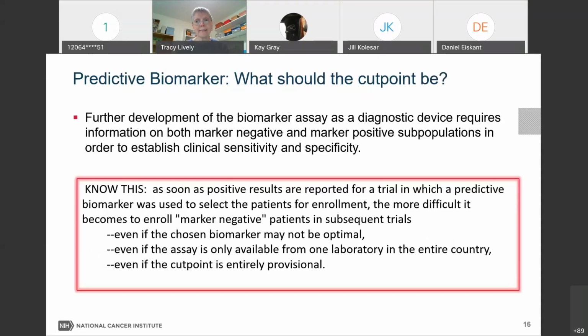But this here is the really hard part. Most biomarker data is continuous, and it needs some kind of cut point or threshold in order to make decisions. But in order to have any confidence about your cut point, you're going to need data from some patients who were enrolled on the trial, even though they might not be expected to respond. And it gets harder and harder to do this as drug development proceeds.